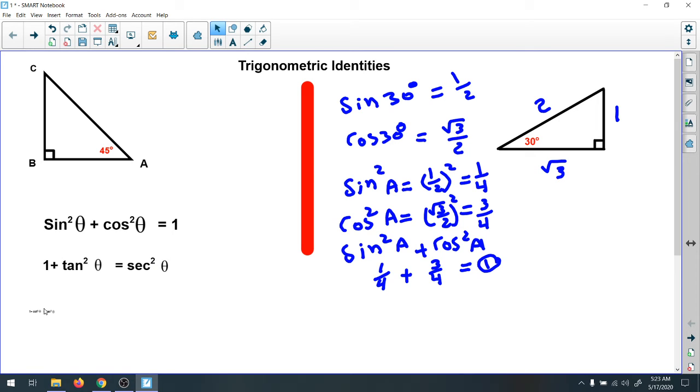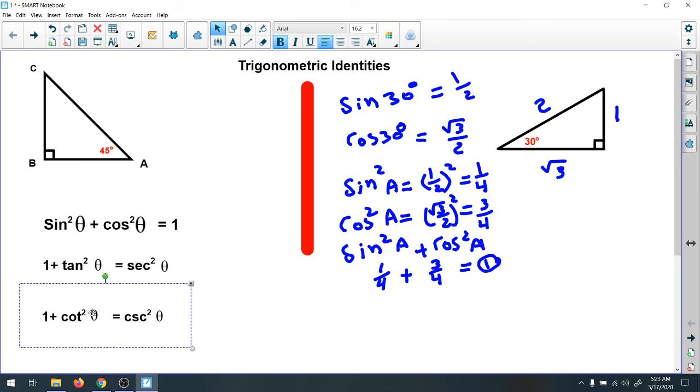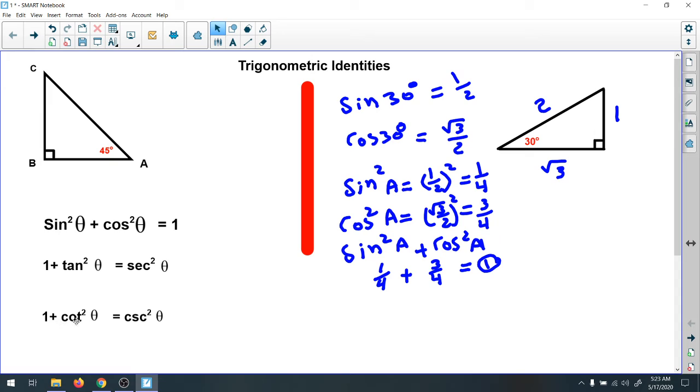The third identity that I want you to learn, which is similar to the previous one, is 1 plus cotangent squared of theta equals cosecant squared of theta. So we have three identities for today. The first one is sine squared plus cosine squared equals 1. I want you to remember this always. This is the basic.